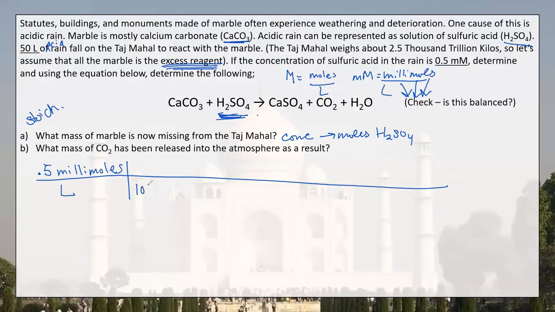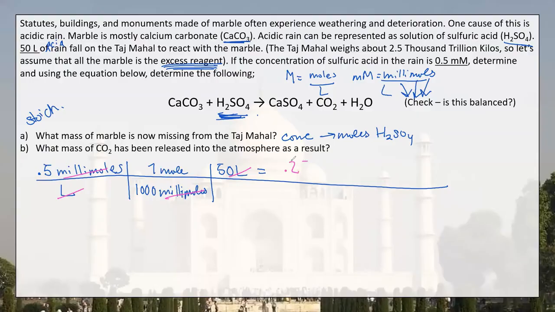So much like milligrams to grams, 1,000 millimoles is 1 mole. And then we had 50 liters, and we can cross out things that cancel. Millimoles cancels, liters cancels.